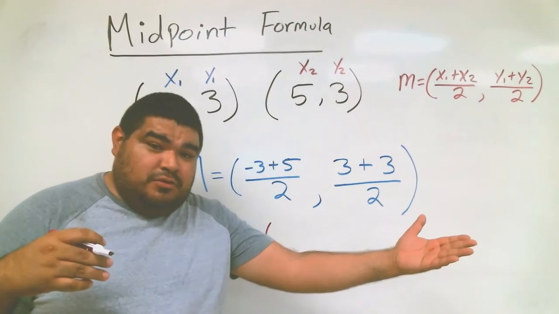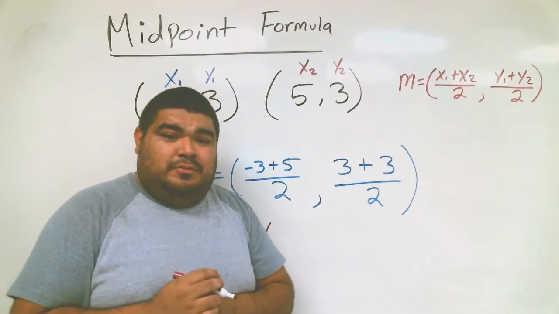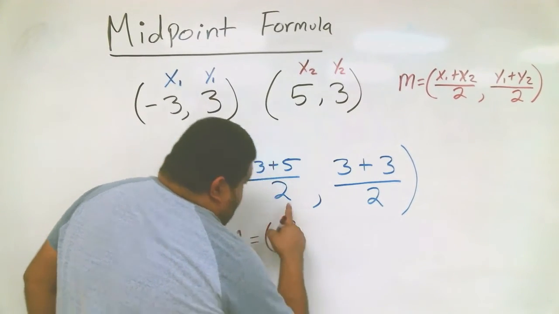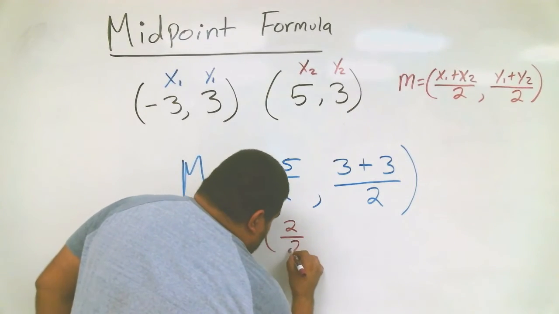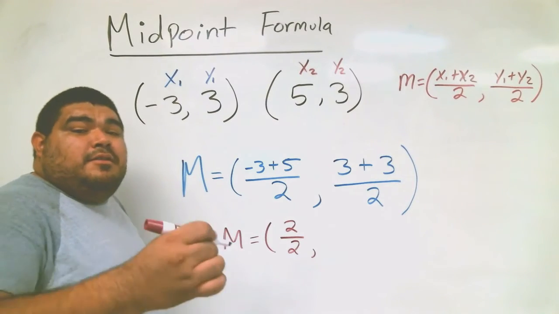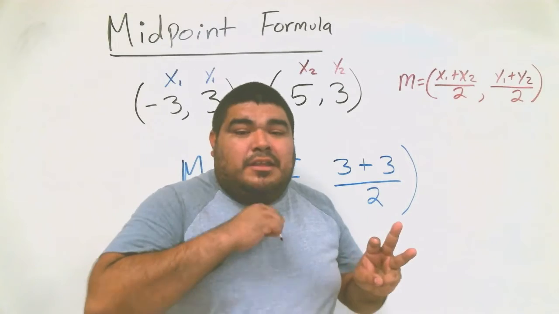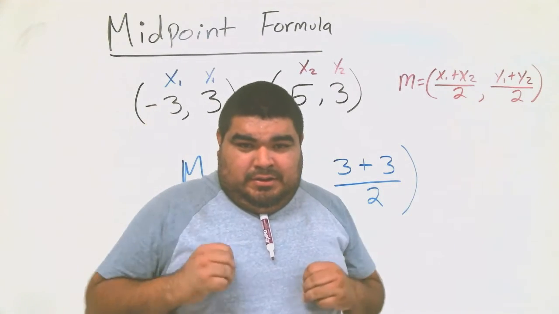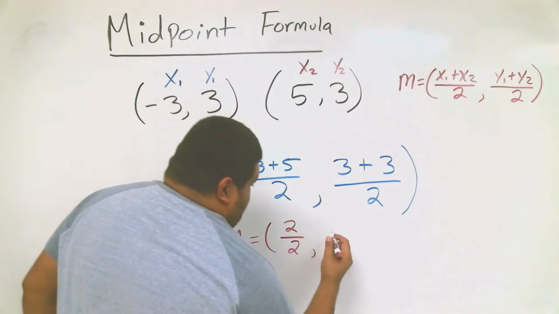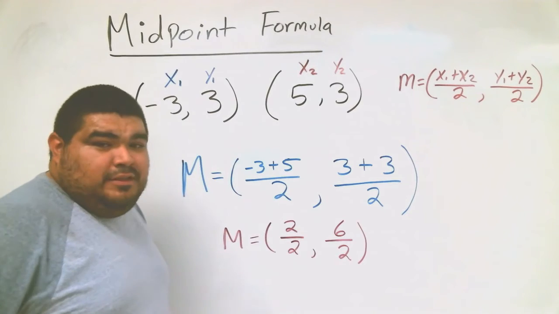Now, you owe those 3, so you're really only left with 2, right? 2 over, don't forget the 2, okay? Comma. Now, we have 3 plus 3. Remember, 3, and then we add another 3. So that makes us 6, right? So we have 6 over 2, and then we close the parentheses.